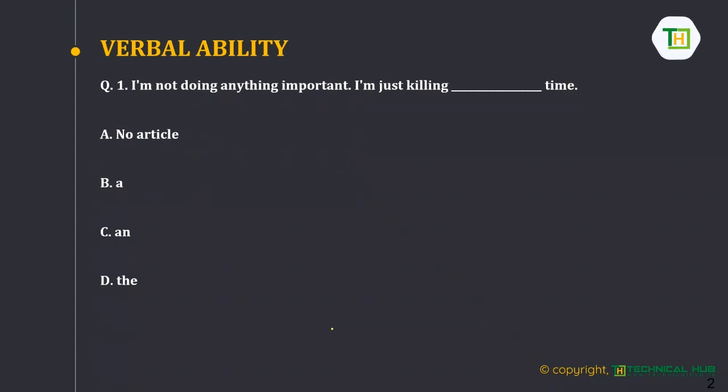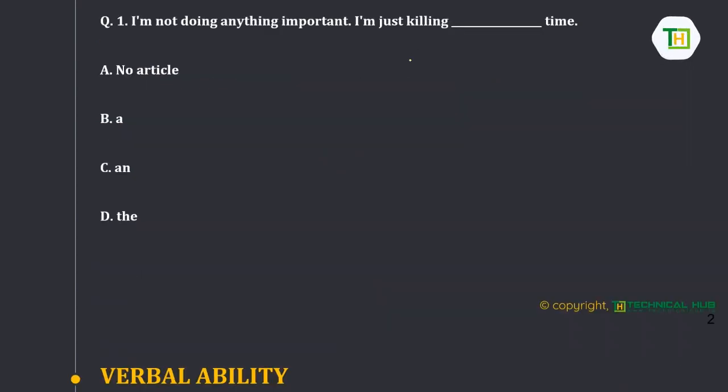Before time, we don't need to use any article here. So this is blank only. We cannot use a time, and we cannot use the time. So obviously we use no article, and that is the perfect option.